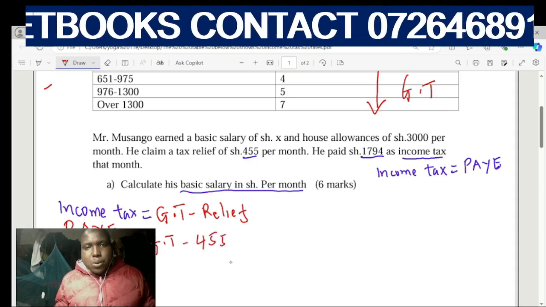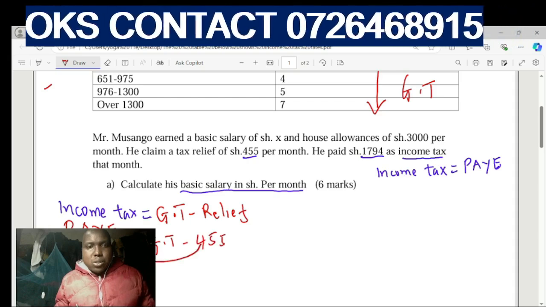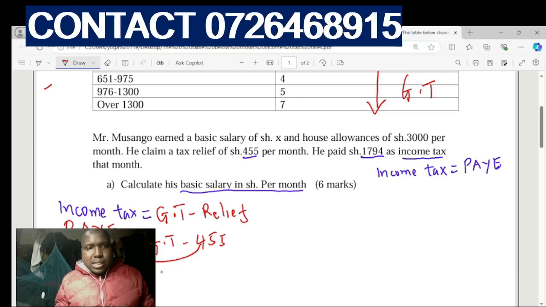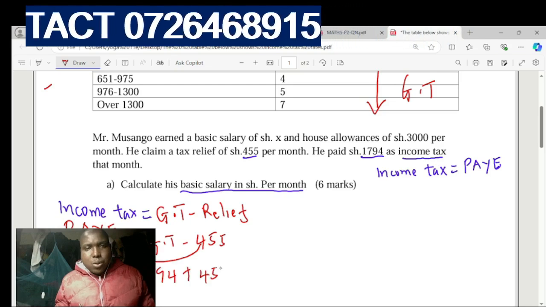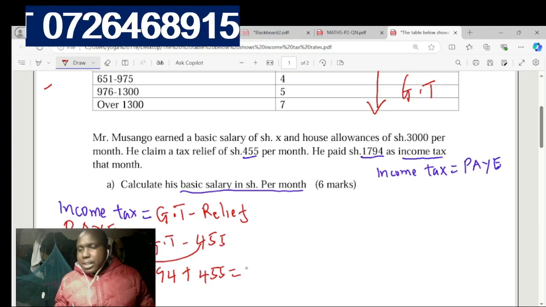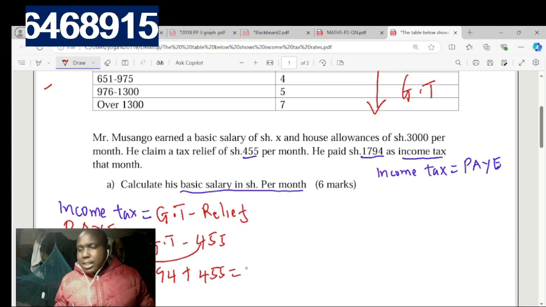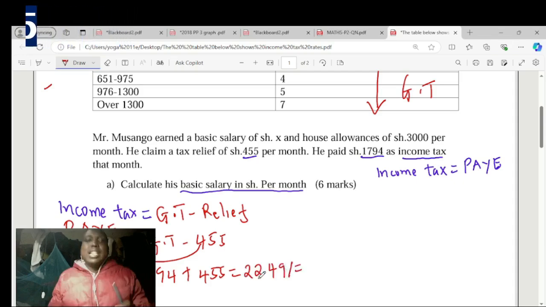To find this one, you take this on this side. So GT is equal to 1794 plus 455, and our gross tax is equal to 2,249 shillings per month.